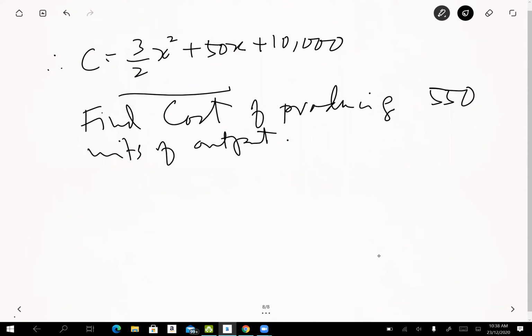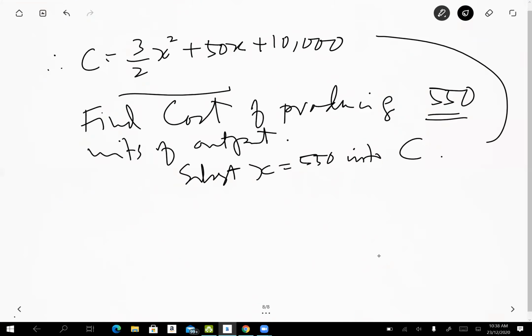You substitute x into what? Into C. X is this one. So what you do, you substitute x equal to 550 into the C, which is that one. So you get the cost of producing 550.